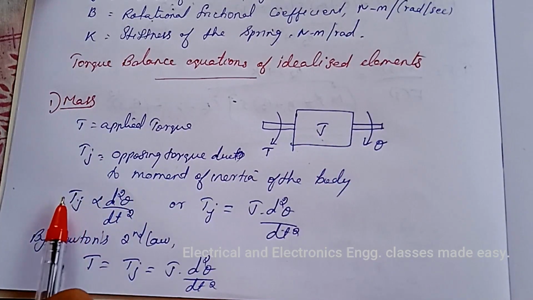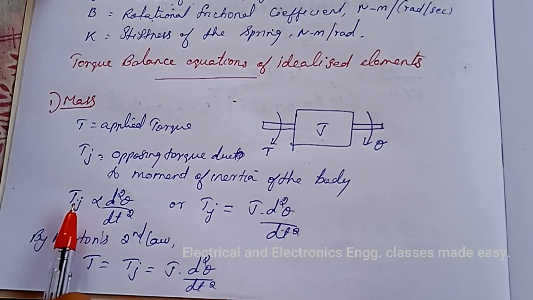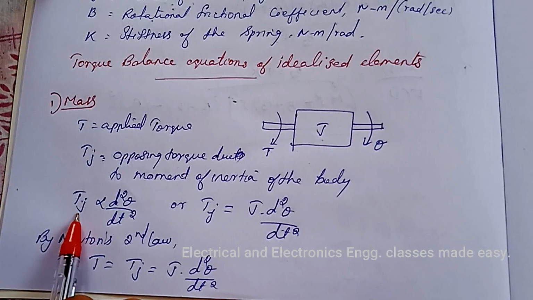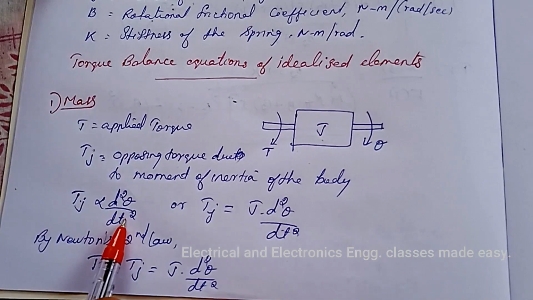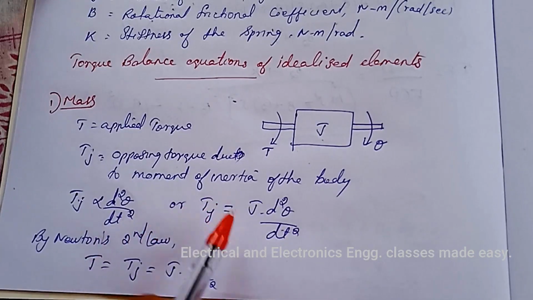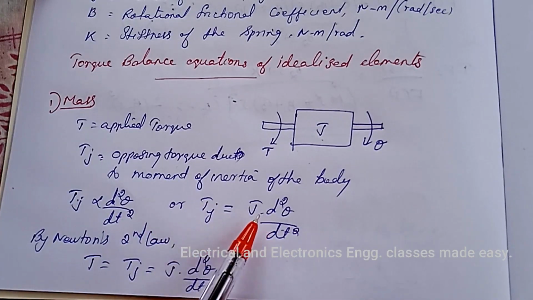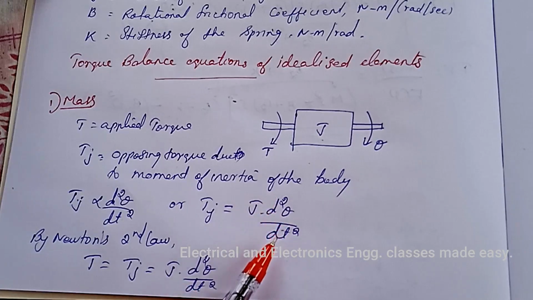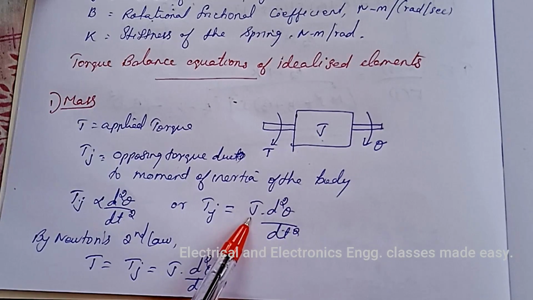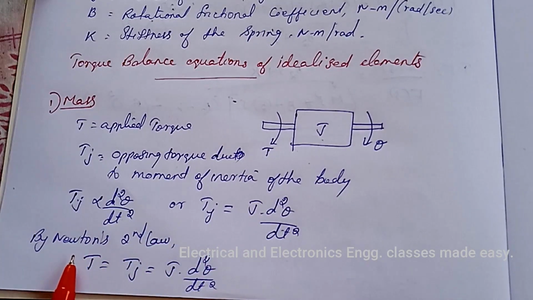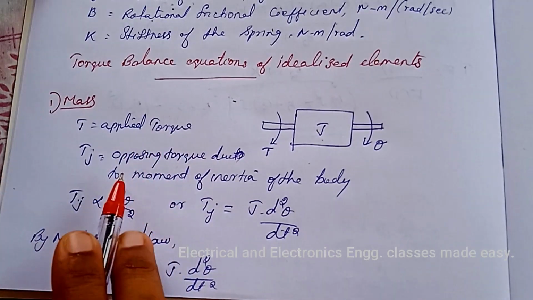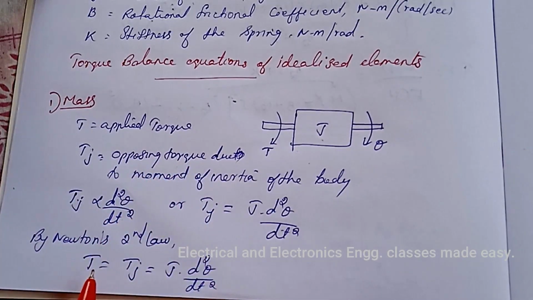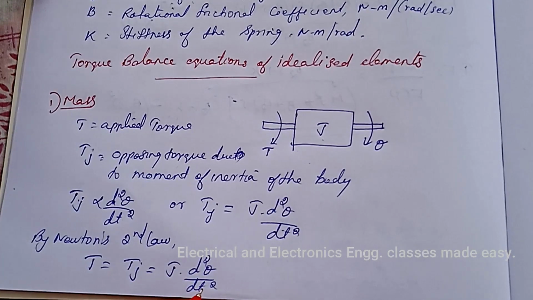So here we can write that the opposing torque due to the moment of inertia is proportional to the angular acceleration, that is d square theta by dt square, or we can write Tj equal to J into d square theta by dt square, where J is the moment of inertia. By Newton's second law, the applied torque is equal to the opposing torque, that is T is equal to Tj equal to J into d square theta by dt square.